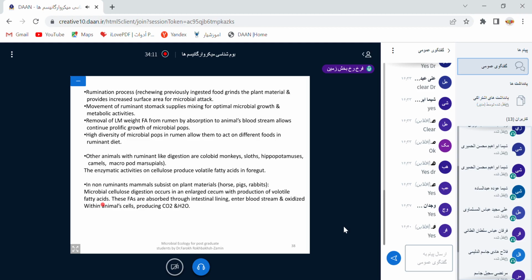Microbes effective on cellulose are present there, producing fatty acids, and those acids are absorbed in the cecum into the blood and transferred to the cells and used for ATP production.